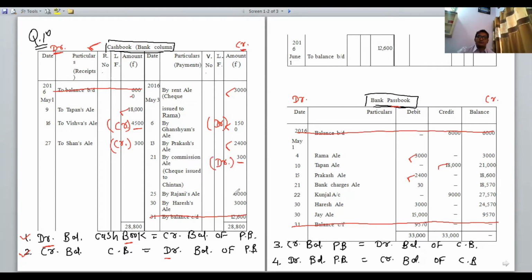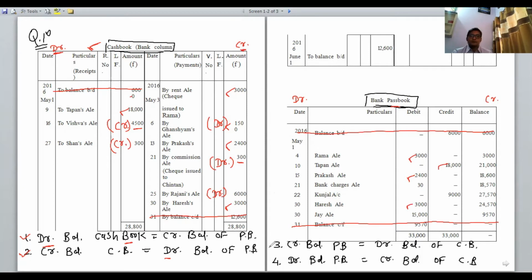Then 6,000 Rajni: here it is on the credit side, but no debit entry, so in the BRS we put it on the debit side. At last, 3,000 Haresh credit, 3,000 debit. All credit entries of the cash book match with debit entries of the passbook except these three entries, so these three entries go in the reconciliation statement.